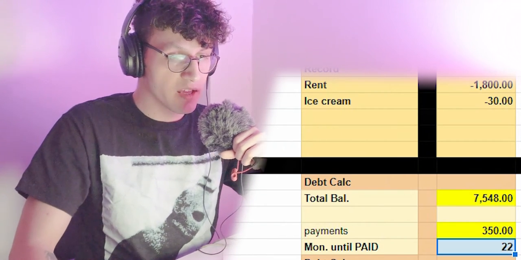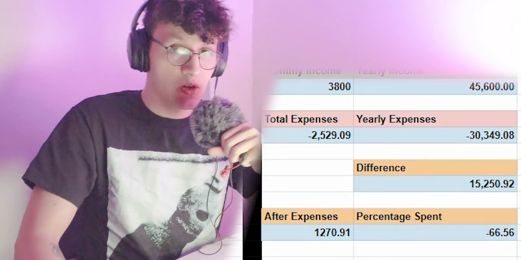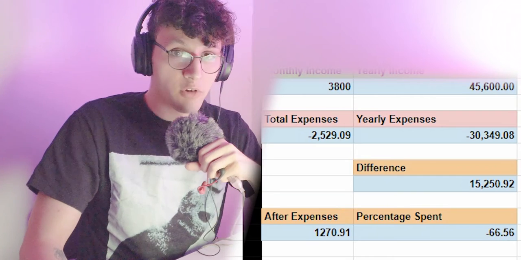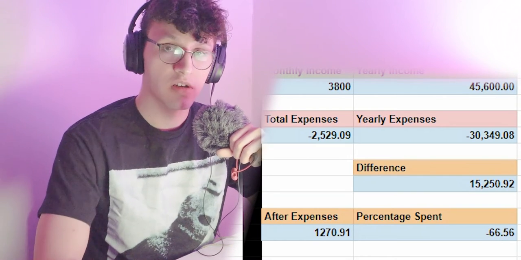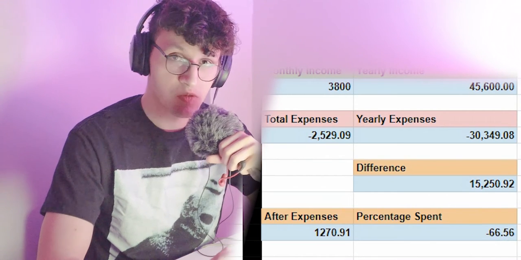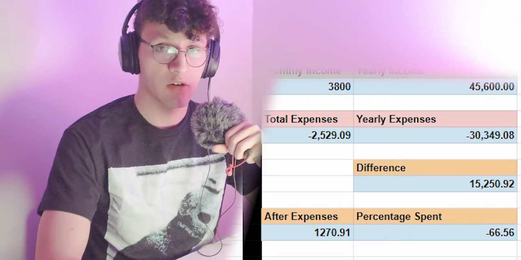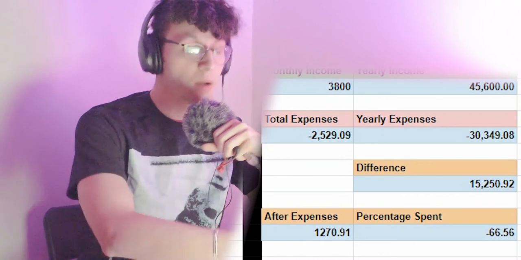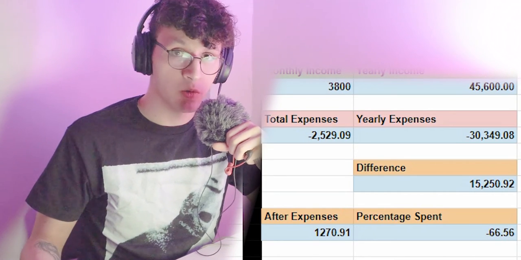But then we get to the orange section, the difference. This is the money that we're working with after all of our expenses. This number is usually, unfortunately, small. Most people, including myself, I'm not going to lie, when I do my personal numbers, that number is smaller than I would want it to be.